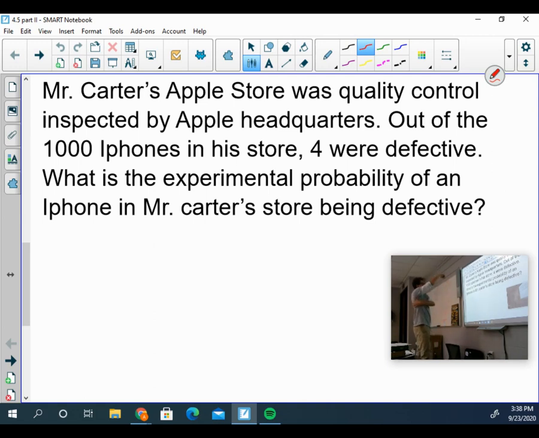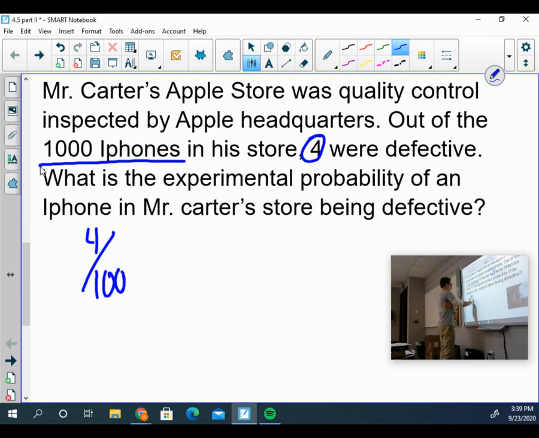So if I'm quality control inspected and 1,000 iPhones are in my store and they find 4 to be defective, what I hope you came up with is 4 over 1,000 is the probability of an iPhone being defective. Again, experimental probability is the frequency divided by the number of possible outcomes. How many were defective versus how many total are there? So there's a 4 out of 1,000.